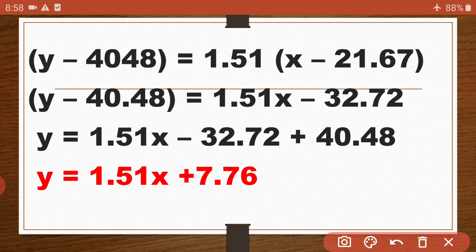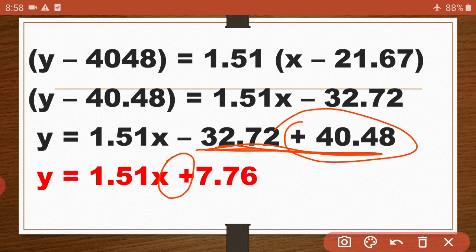After that, for the addition of these two values, the sign will always be that of the biggest. Here this value is the highest and positive, so we apply the positive sign. 40.48 minus 32.72, you get the answer 7.76.